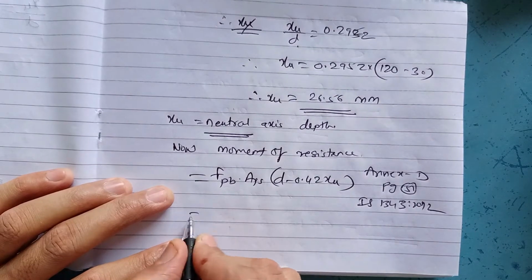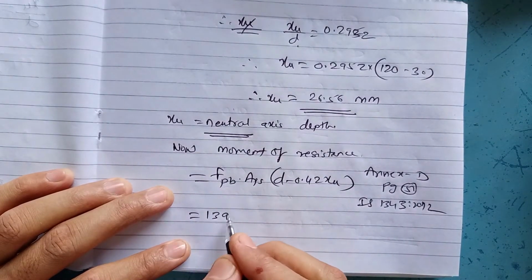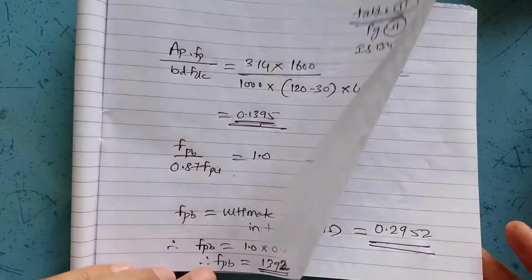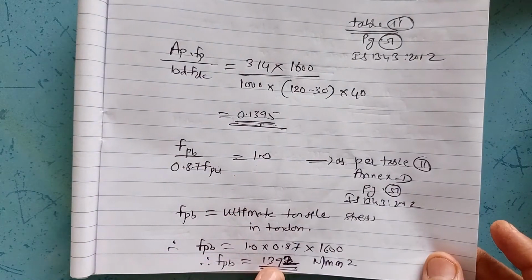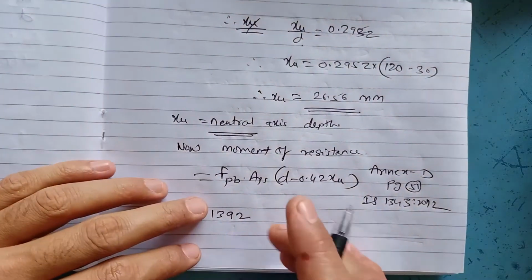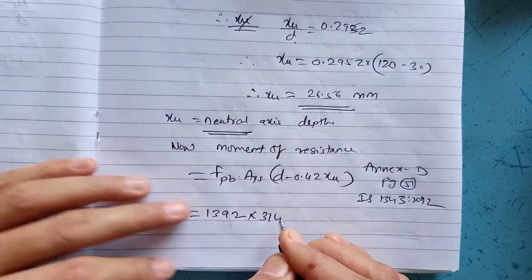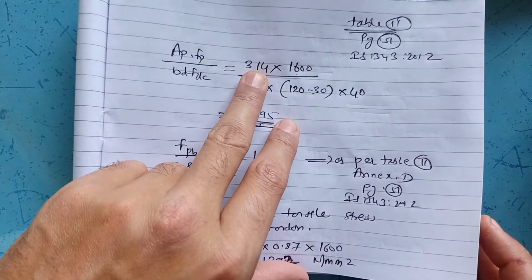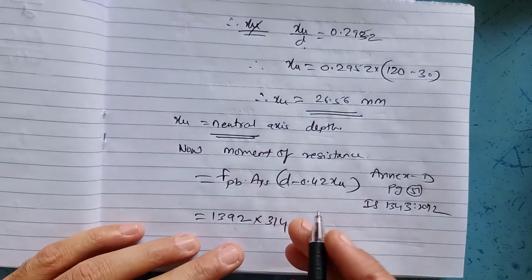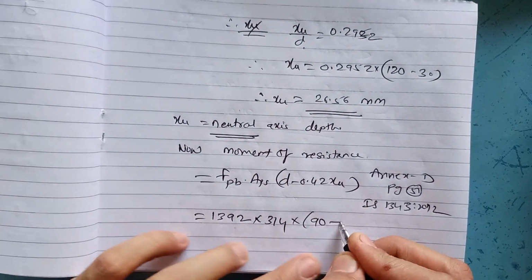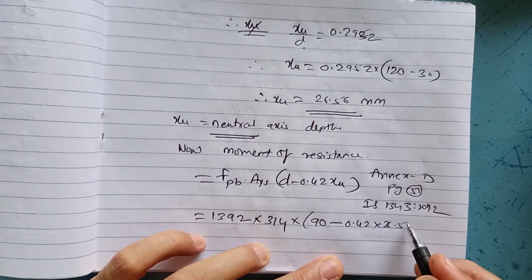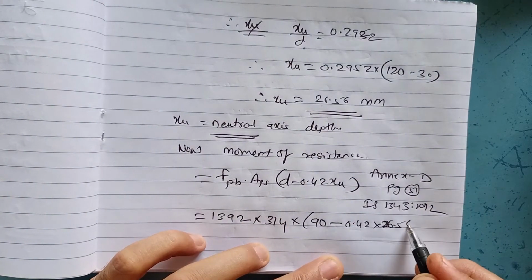FPB into APS into D minus 0.42 XU. Substitute all the values. FPB we have calculated 1392, that is ultimate tensile stress in the tendon as 1392 Newton per mm square, into area of pre-stressing cable as 314 mm square, into effective depth is 90 minus 0.42 into XU as 26.56.